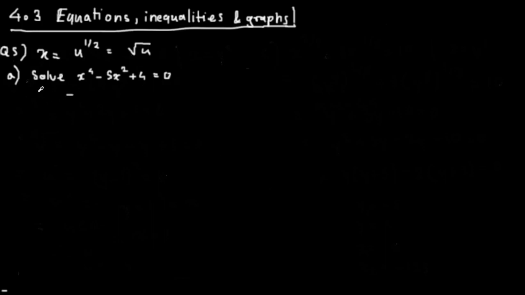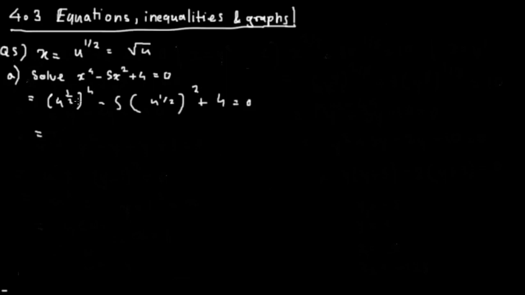So from here, what can we do? This is simple, right? We are already given the substitution, so we can just plug this in. From here, we can just put in u to the power 1 over 2, to the power 4, minus 5 into u to the power 1 over 2 squared plus 4 is equal to 0, right?